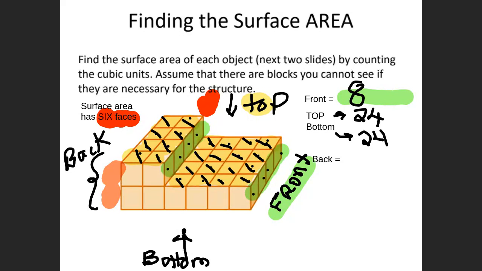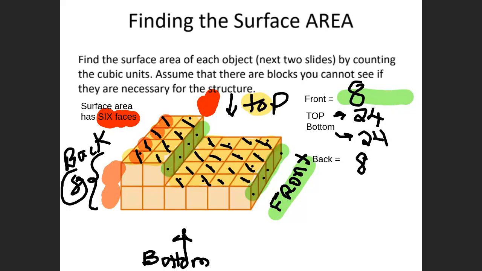So in this case, to find the back, I know that I have 1, 2, 3, 4, and in this case, I have 2 layers. 4 times 2 tells me that my back side has 8 boxes. There are 8 in this back.